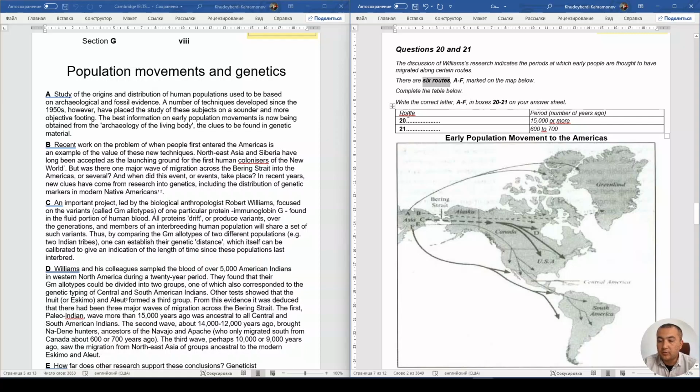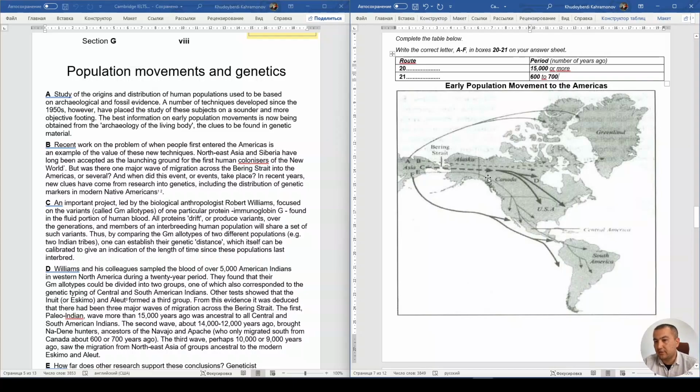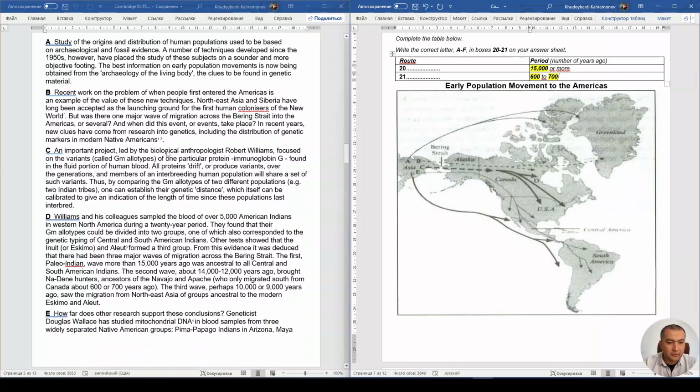We should figure out the routes, and we have the periods 15,000 and 600 to 700 years, and we have a map here. So let's try to locate them.